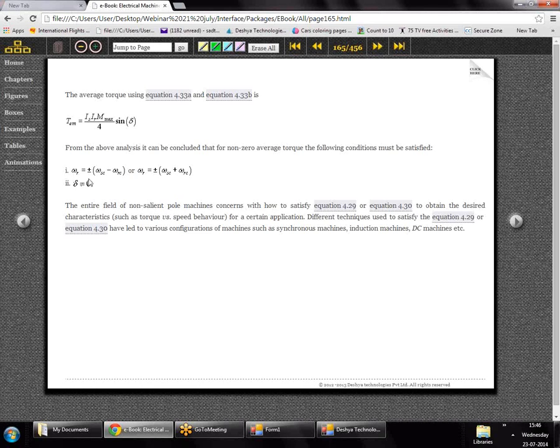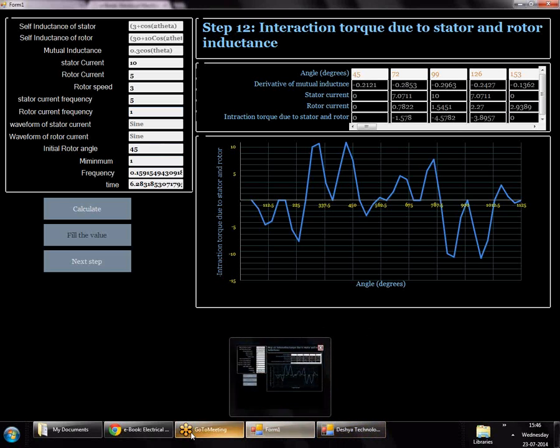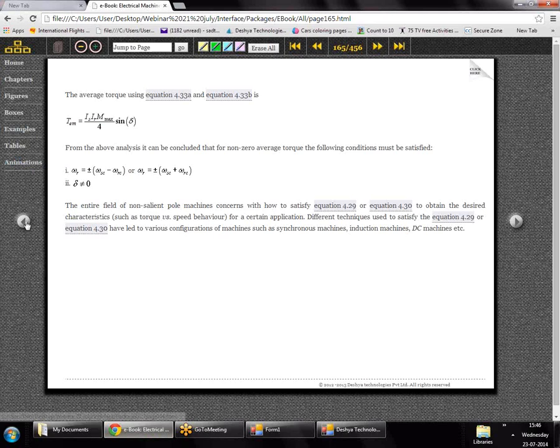So neither of the 4 conditions given here in bullet point 1 is being satisfied by the 3 frequencies, that is the angular speed of rotation of the rotor, stator current frequency, and rotor current frequency. Now we will see immediately the difference of how the average torque is produced.